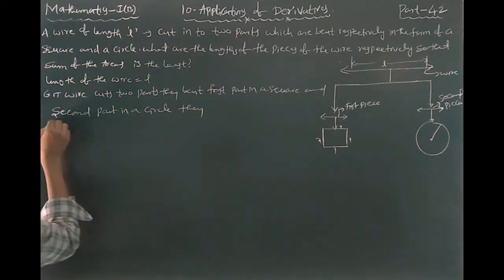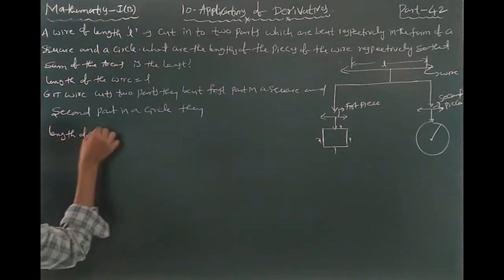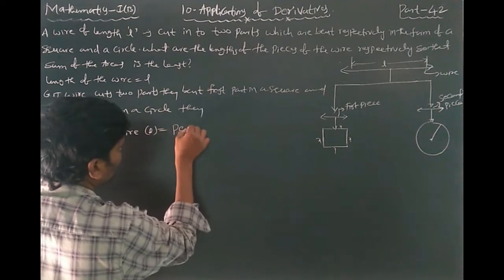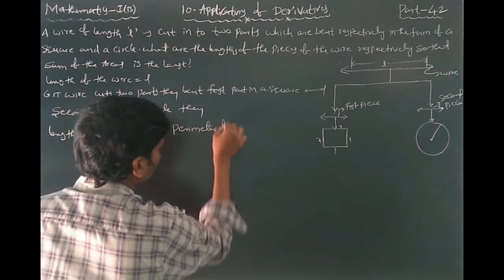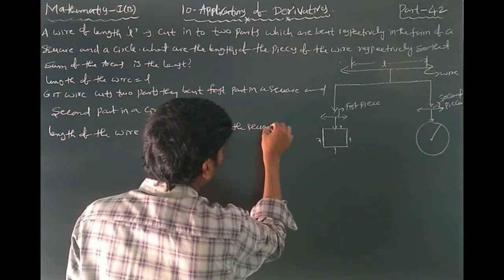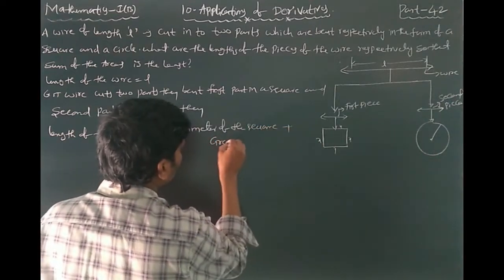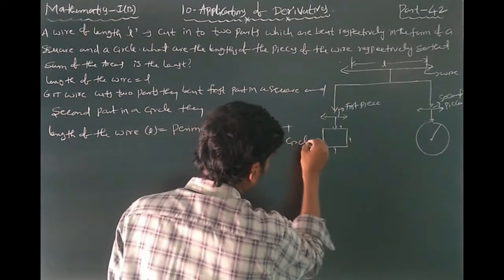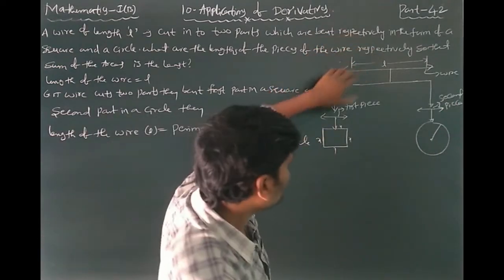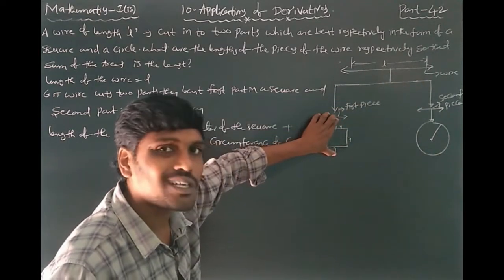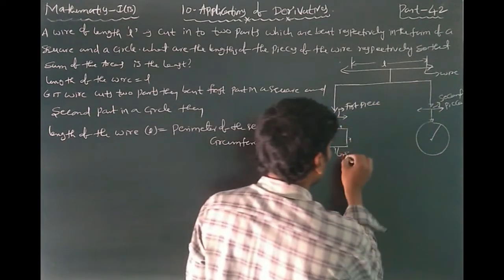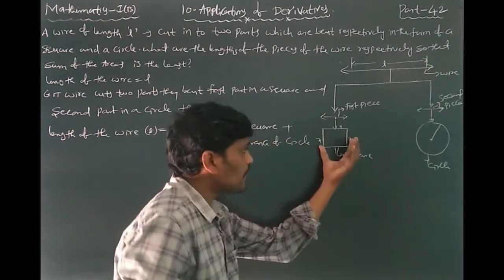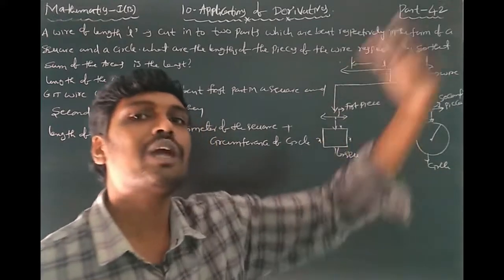Then the length of the wire L is equal to the perimeter of the square plus the circumference of the circle. Understood? This wire divides into two parts: the first part is a square, the second part is a circle. Then what is the length of the wire?